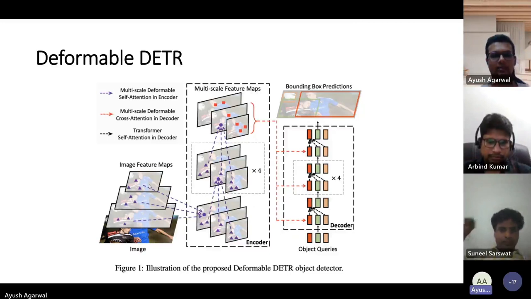Also, inherently, we can use feature maps calculated for 4 scales of an image, so that's why the cross-scale part over here. After that, we obtain multi-scale feature maps. Then we pass them similarly to a decoder, and using object queries, we can decode and get the bounding boxes.